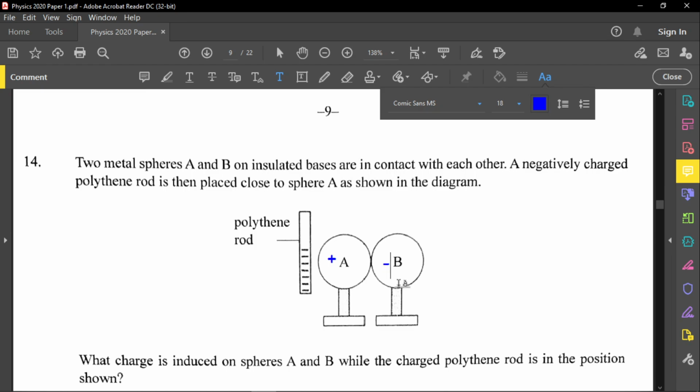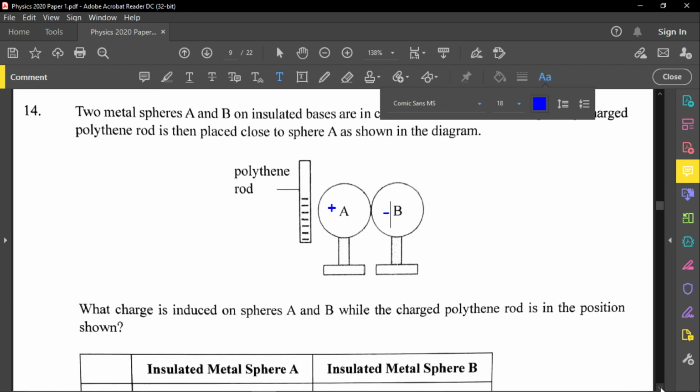So the negative charges will repel from the negative rod and go into sphere B, while the oppositely charged particles, which are positive particles, will move towards the negative rod. So opposites do what? Attract, and like charges, they what? Repel. So this is the charge induced on spheres A and B while the charged polythene rod is in the position shown.